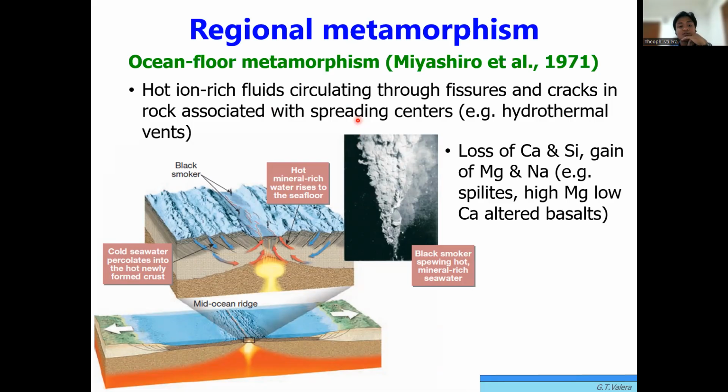We know it's not only in spreading centers. Ito lang yung regional in scale kasi lahat ng ocean floor, technically lahat ng oceanic crustal material, especially yung pillow lavas or yung volcanic section and even gabbroic section, yun typically yung nakakaranas nitong ocean floor metamorphism.